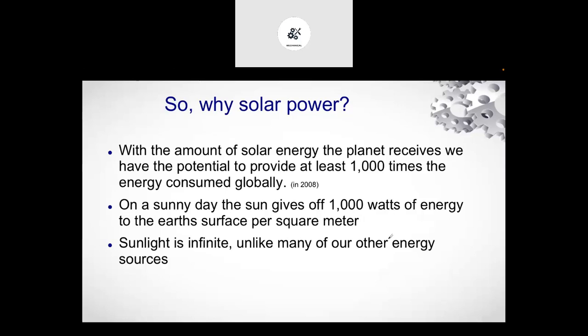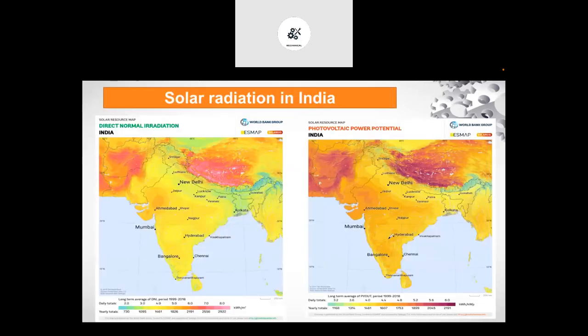That's why we are mostly concentrating on solar power. As we know, because of the use of conventional fuels, there are big problems we are facing now, like global warming, air pollution, soil pollution, and water pollution. So to avoid that, we are concentrating on solar power.